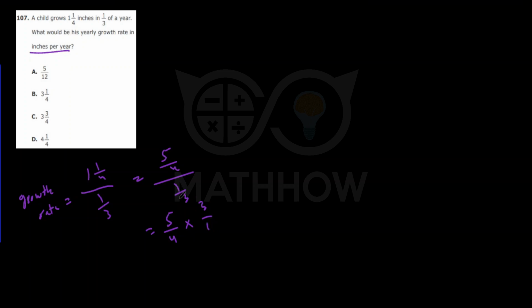The fraction will turn upside down. Numerator becomes denominator and denominator becomes numerator. 5 threes are 15 and 1 fours are 4. 15 divided by 4. Converting this into mixed fraction. 4 threes are 12. 3.